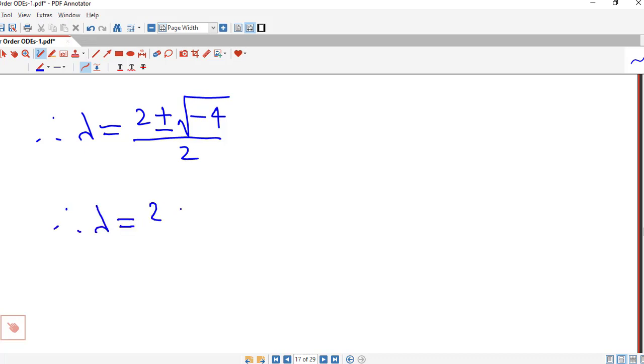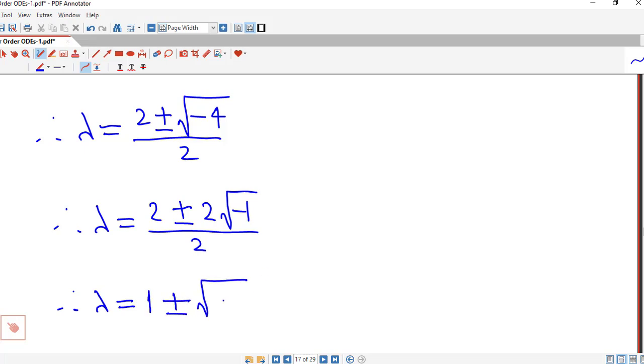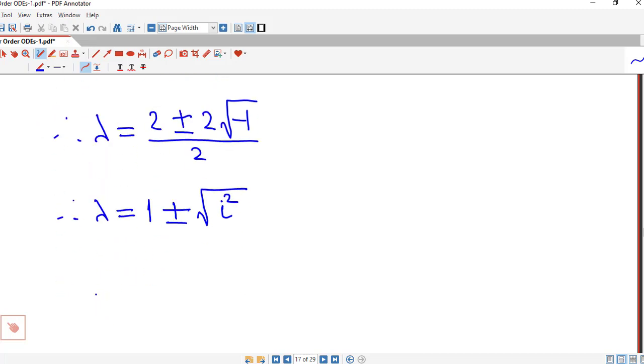The square root of 4 is 2, and here we have minus 1, divided by 2. So the 2 will cancel out, giving 1 plus or minus the square root of minus 1, which we replace by i. So λ equals 1 plus or minus i. This is one possible pair of complex roots.